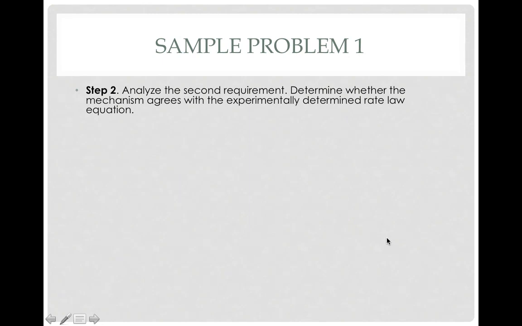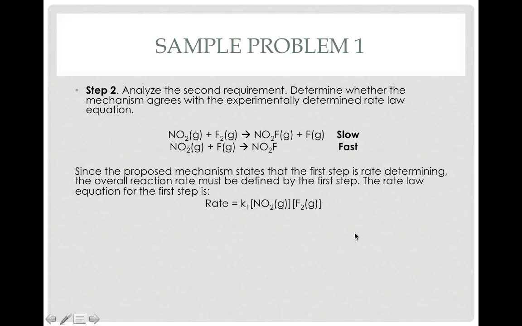Now the second requirement. So analyze in here, we're trying to determine whether the mechanism agrees with the experimentally determined rate law equation. So here we have our mechanism. This was what the experimentally determined rate law was. R is equal to K times the concentration of NO2 to the 1 and F2 to the 1. If we look, this here is our slowest step.